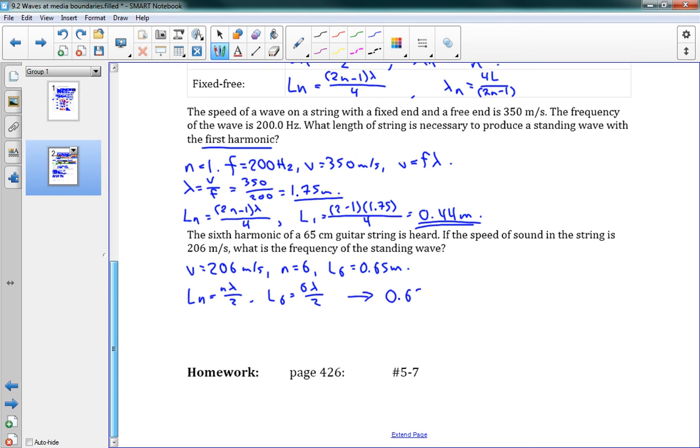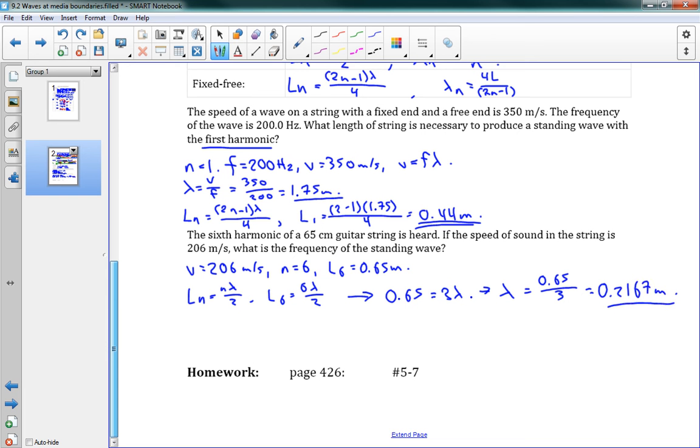We can fill in some numbers now. 0.65 is equal to 6 lambda over 2, which is 3 lambda. So that means that lambda is equal to 0.65 over 3, which is 0.2167 meters.